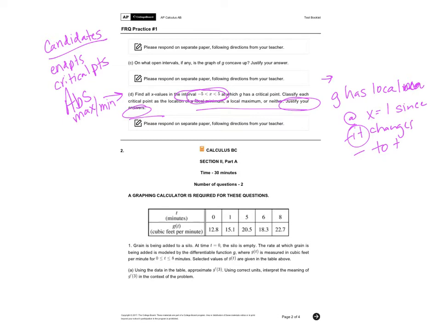Every point is important. And how sad that you're not getting the points for something that you know over these little bitty things. I'm trying to clean up the little bitty things. So don't say it. Don't say the graph. G has a local min at x equals 1 since G prime changes to da-da-da. You name the graphs. Name them.